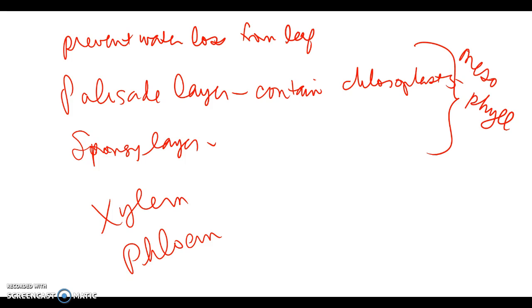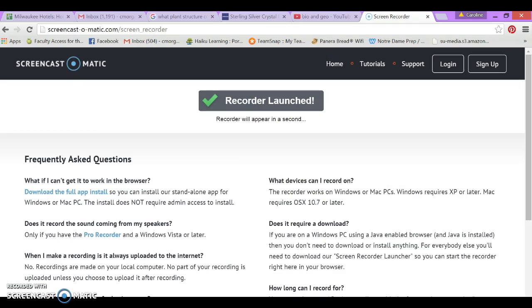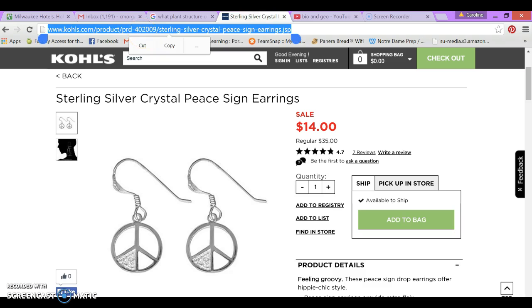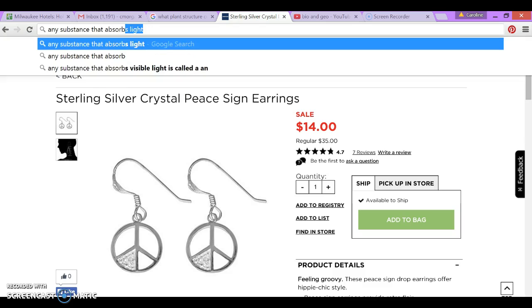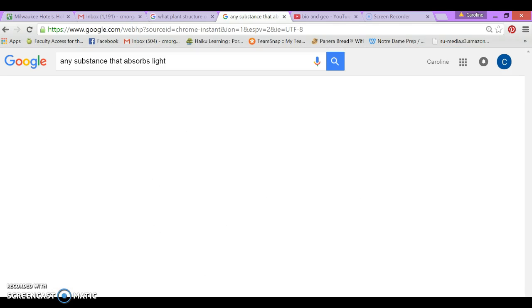And I think the only one I didn't have answered was the name of any substance that absorbs light. Well, let's see if we can find it. Any substance that absorbs light. Let's see what it might be called.